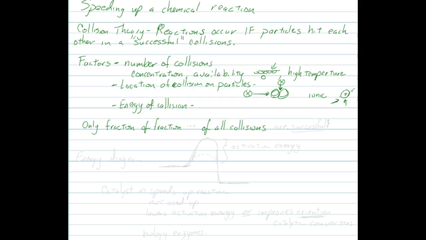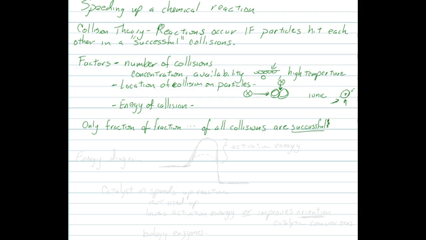The reason why things react at all is that there are such a humongous number of particles sitting around. So only the tiniest fraction of all collisions are successful. That means most collisions are not successful.